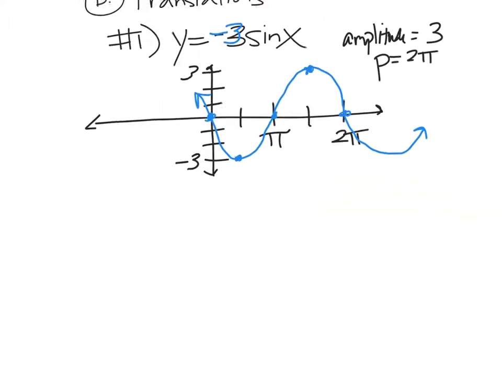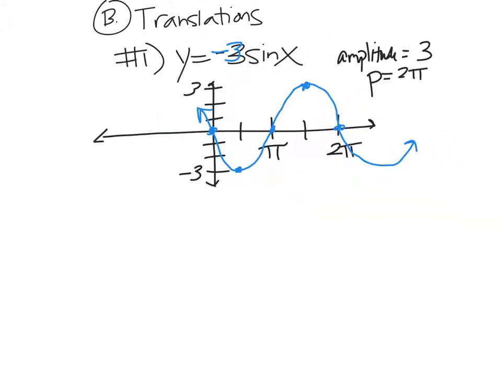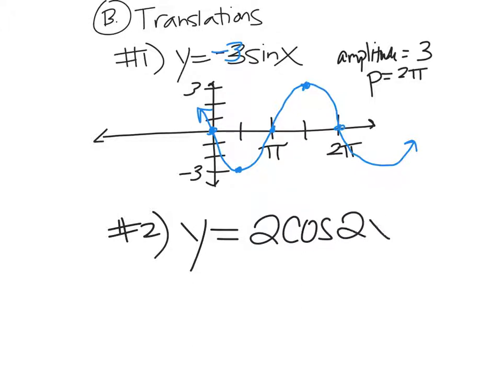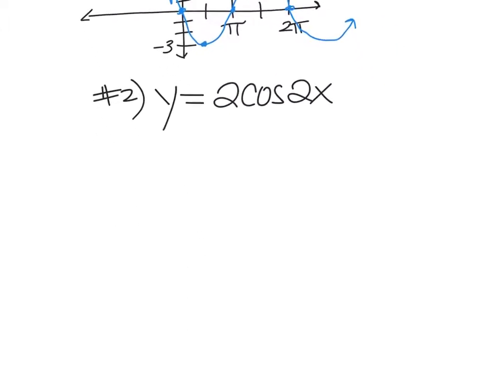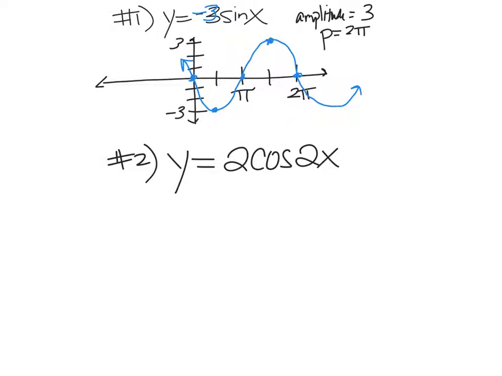Now let's see what a period change will do. Number 2, y equals 2 cosine of 2x. A couple of changes. I changed the amplitude and I changed the period on this one. So my amplitude is 2.